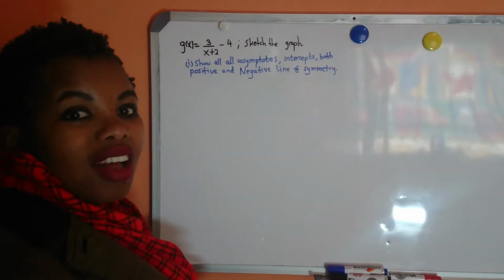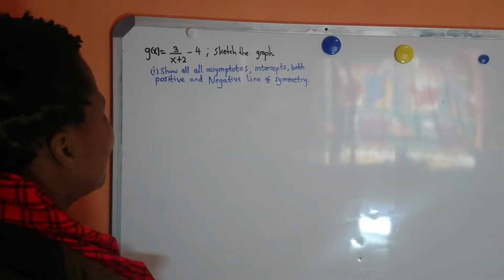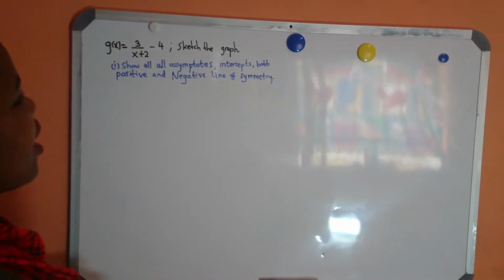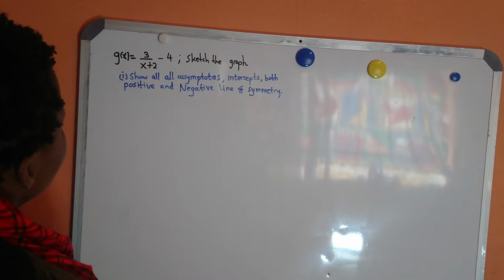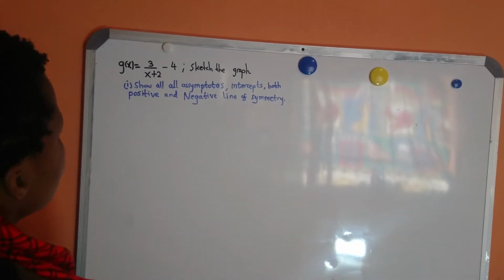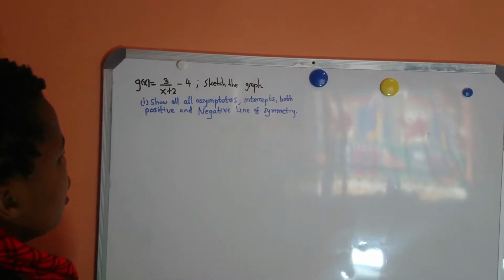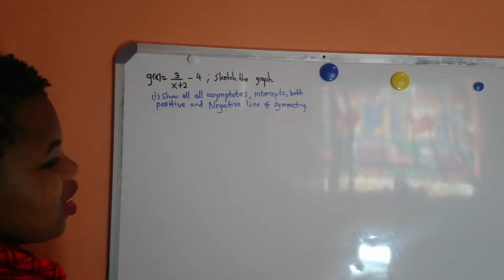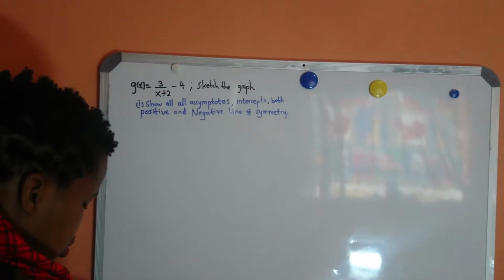Hyperbola. How do you know it's a hyperbola, just by looking? Because a hyperbola has asymptotes and a line of symmetry. Okay, let's see how you're going to solve the equation.